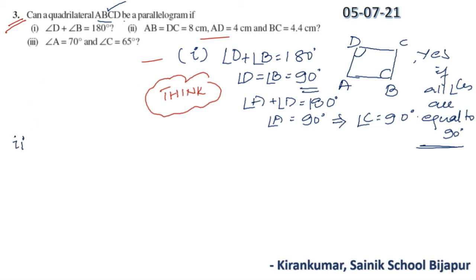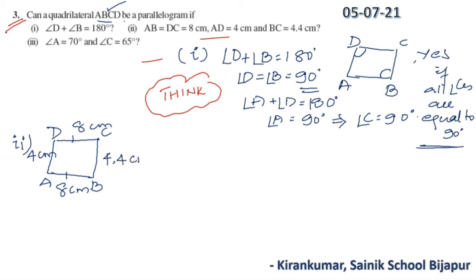Let's look at the second one. I'll take a quadrilateral in general, ABCD. They have given that AB and DC are equal to 8 centimeter. The measure of AD is 4 centimeter. Here the measure is 4.4 centimeter.